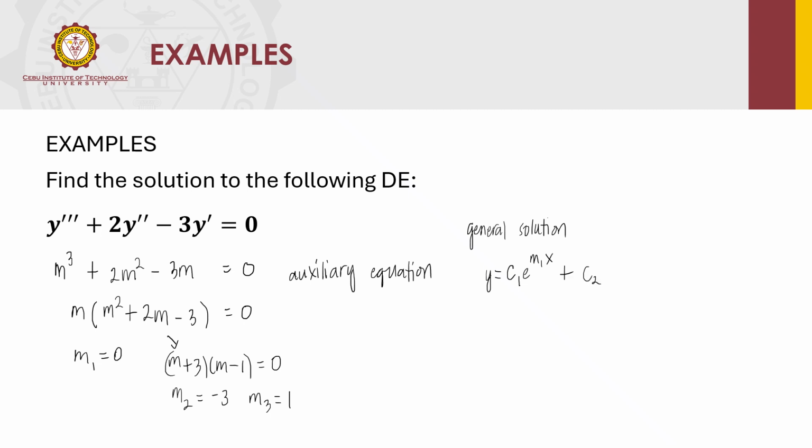If it's a third order DE, then we write three terms on the right side.